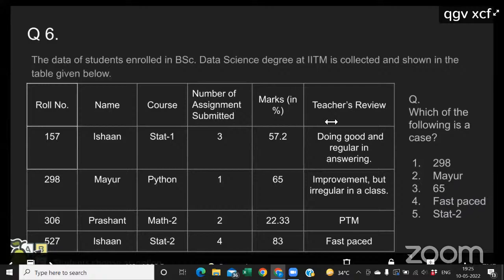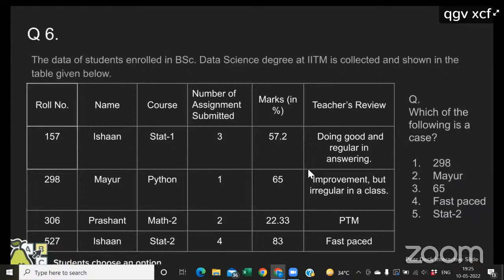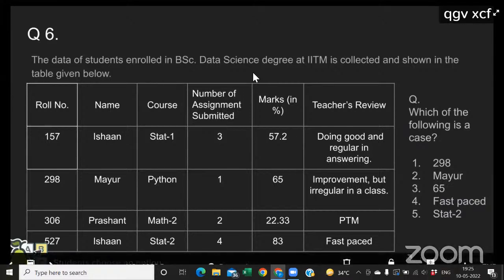Whoever asked this, it's me, Naginta, here. Any data which is with you, if you are describing and summarizing it without making any assumptions and predictions, then it's descriptive in nature. The data is being described and summarized.